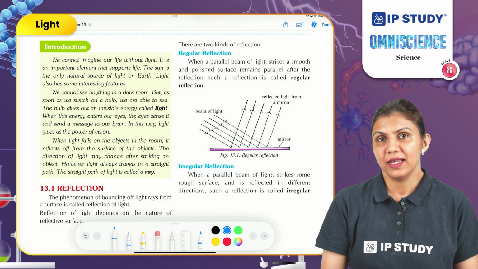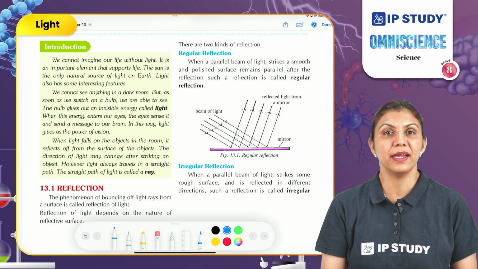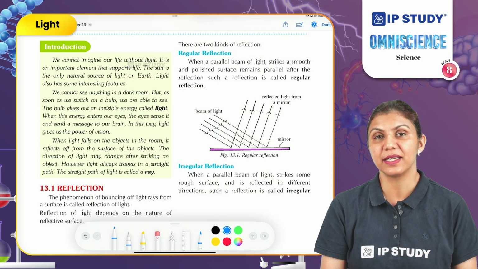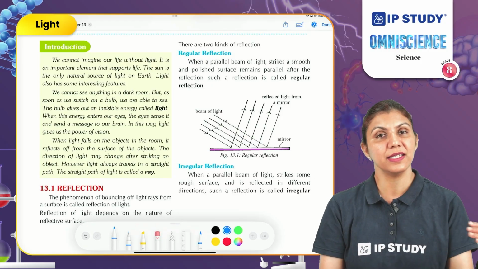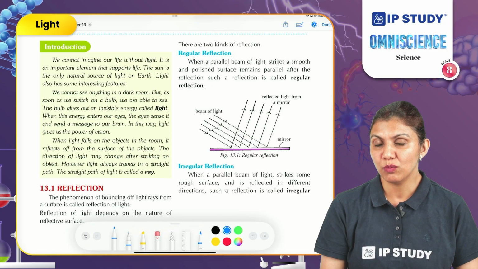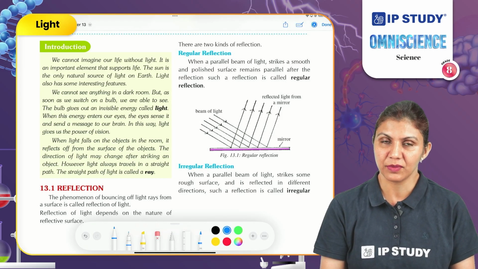When we say light is entering a dark room, it is following a straight rectilinear path. So here we can say light is propagating on a straight rectilinear path, and this kind of movement of light is called rectilinear propagation of light.